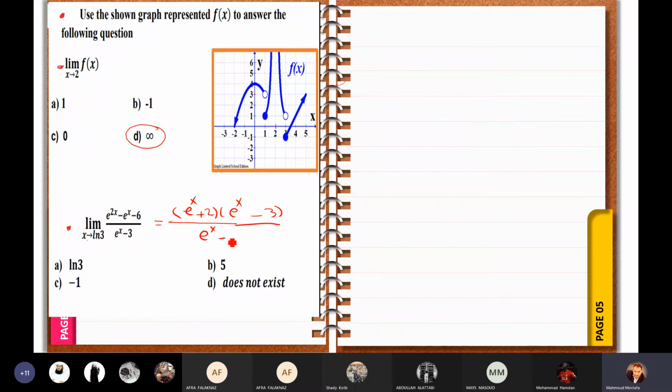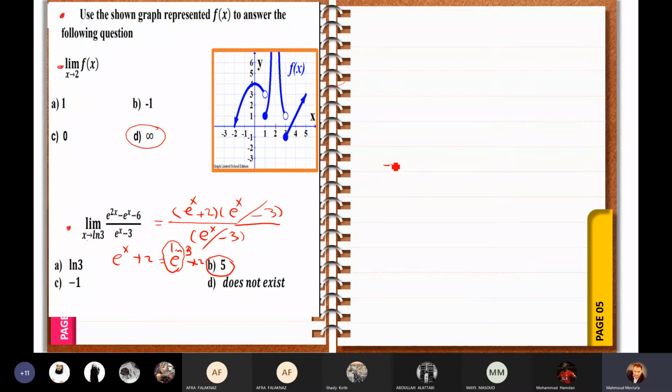Down we have e power x minus 3. Now we can cancel the bracket up and down. We will get only e power x plus 2 when x approaches ln 3. So e power ln 3 plus 2. E power ln 3 is 3. 3 plus 2 is 5.